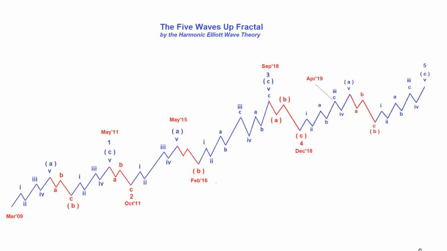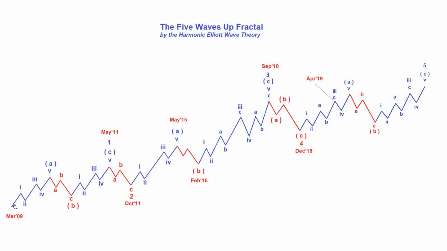Okay, as you know, I practice harmonic Elliott wave theory, and the main fractal is the 5-wave fractal. The 5-wave fractal is the backbone of any trending move, either up or down. It is subdivided into 5 major waves: 1, 2, 3, 4, and 5.